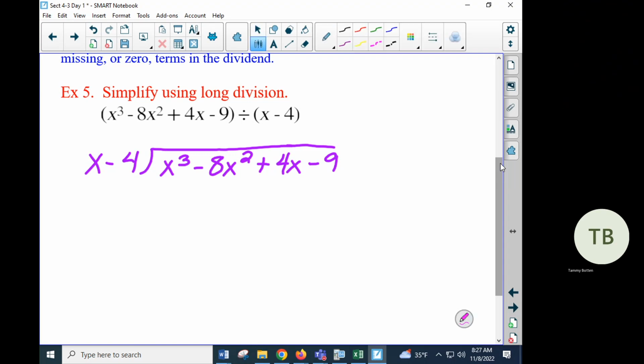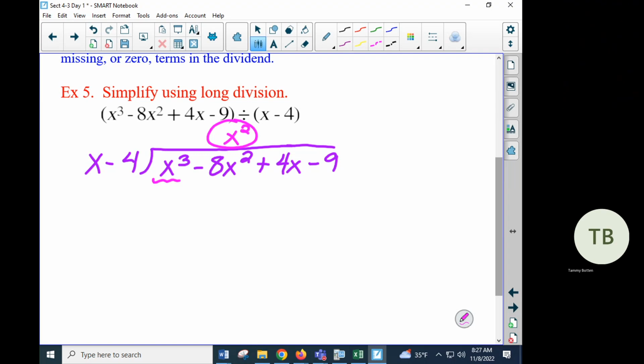Now, because this has two terms, that means that our number that we're going to multiply that by goes above the second term. And what you think about is what would you have to multiply x by to get this first term? What times x would give us x to the third? Do you guys get that?